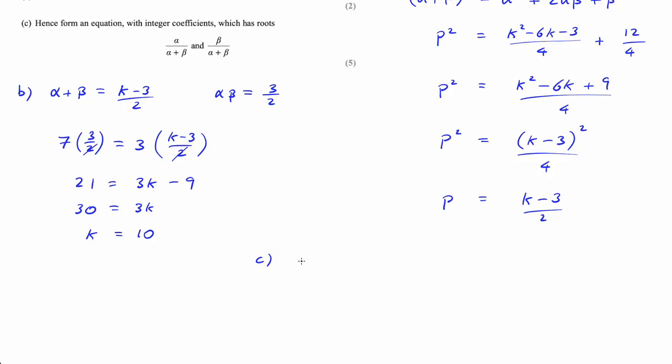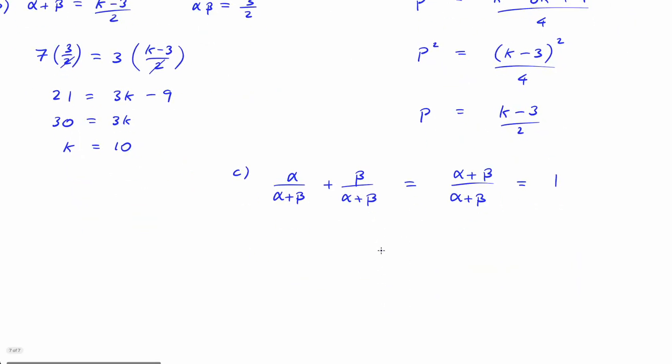Okay, so let's do that first. Alpha over alpha plus beta plus beta over alpha plus beta. This is the sum of the roots, equal to alpha plus beta over alpha plus beta, because we just add the tops over the common denominator, which is equal to 1. So that's the sum of the roots.